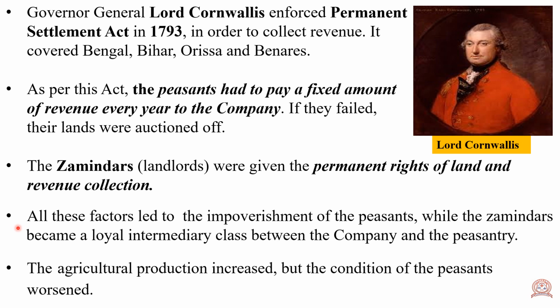Under the Permanent Settlement Act, the peasants became poorer and poorer, while the zamindars or landlords became the loyal intermediary class between the East India Company and the peasants. The agricultural production increased, but the condition of the peasants worsened.